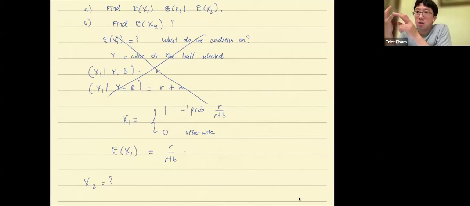Because it depends on how you pick on the first selection. The composition of the urn will change.